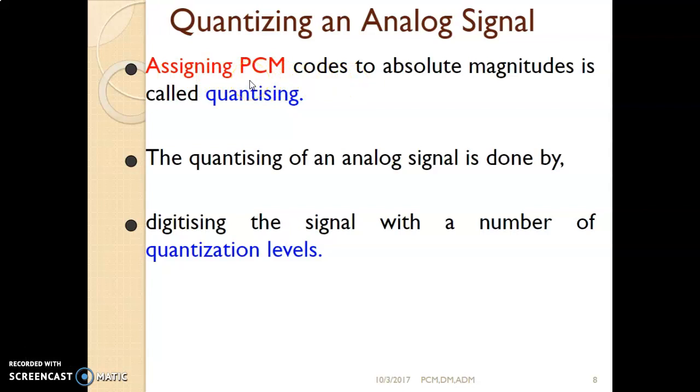We will understand with the help of an example what a PCM code is, and this code has an absolute magnitude, and this magnitude is called quantizing.